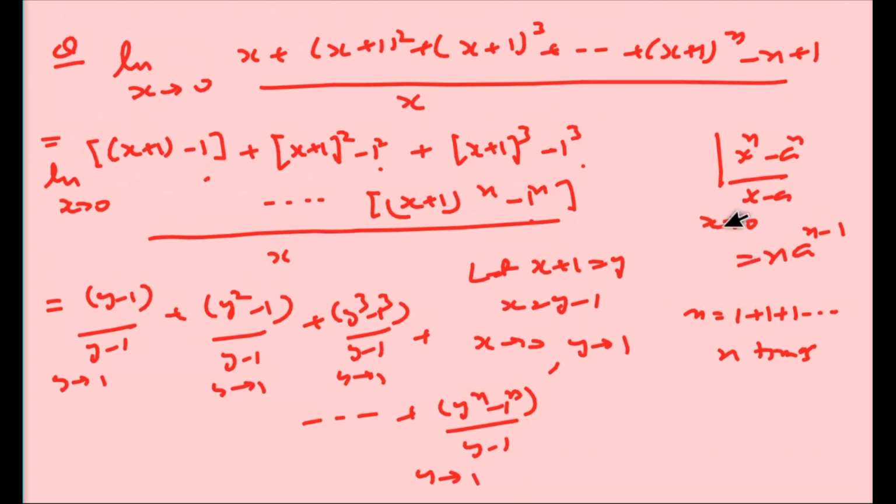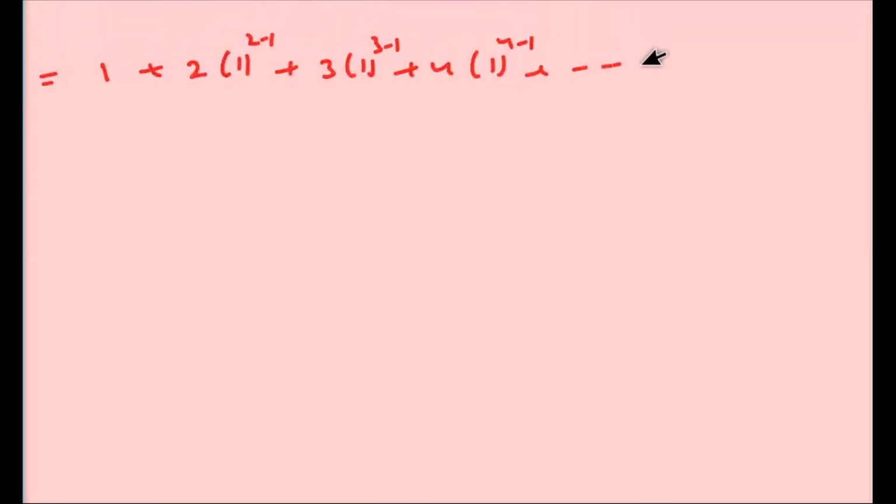So now using this formula, what is the value here? This cancels out, but here it is n a to the power n minus 1. N is here square, here cube. Okay, so we can write the answer very carefully: 1 plus 2 times 1 to the power 2 minus 1, plus 3 times 1 to the power 3 minus 1, plus 4 times 1 to the power 4 minus 1, and at the last n times 1 to the power n minus 1.